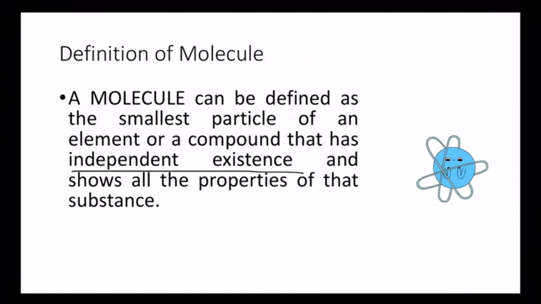However, molecules always have independent existence, and they show all the properties of the substance or matter. These are the two very important points: they are capable of existing independently and exhibit the properties of the matter.